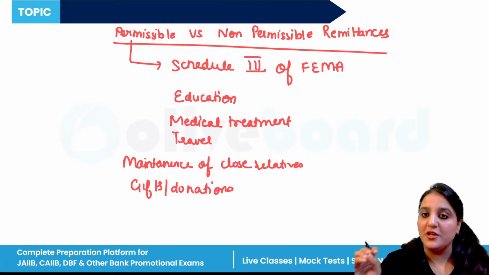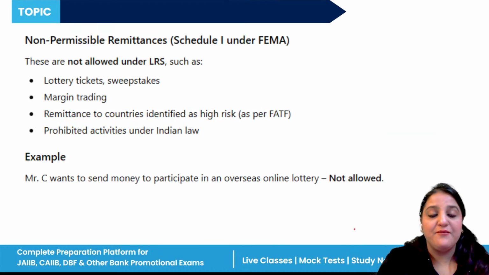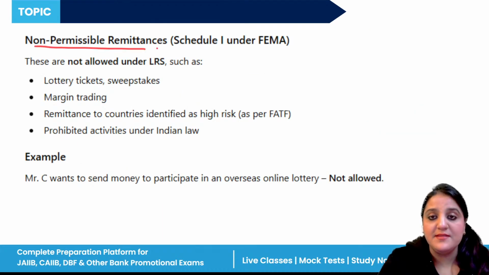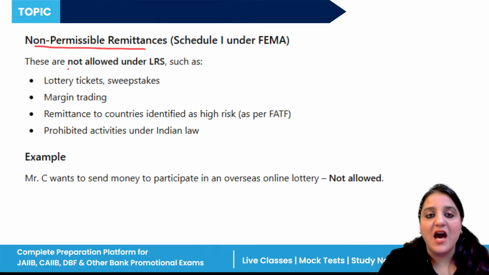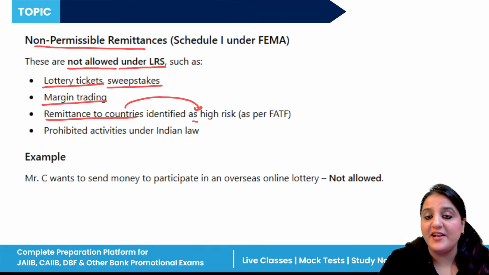So according to Schedule 3 of FEMA, some are permissible and some are not. And what are the non-permissible remittances? These are not allowed under FEMA, such as lottery tickets, sweepstakes, margin trading, remittances to countries identified as high risk, and prohibited activities under Indian law.